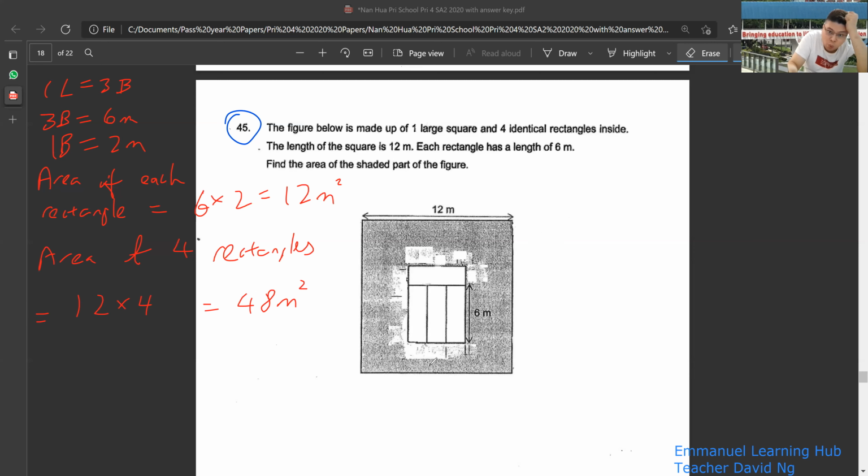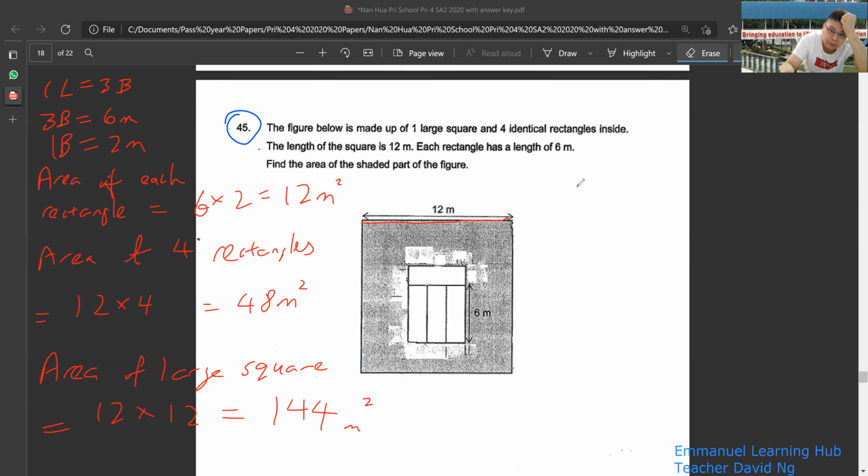Okay, what's the area of the large square? The large square, 12 times 12. 12 times 12 is 144.